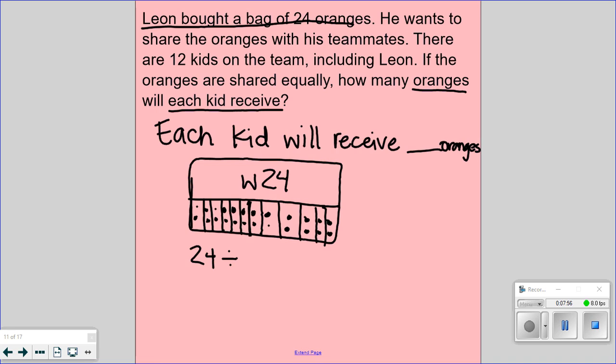How many groups did we put 24 things into? Jalen? No, I don't have 2 groups. 12 groups. Remember, each of our boxes are groups.